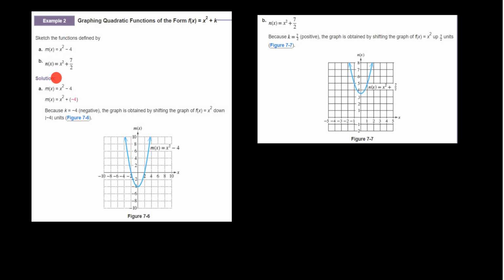If we were to sketch these graphs, look at A, it's x squared minus 4. Notice how we indeed go down to minus 4. Easy, okay. Then we have x squared plus 7 halves, and we notice how we go up to, it looks like 3.5, which is exactly what 7 halves is, right? 7 halves is 3.5. And notice how we have the y-intercept up here at 3.5.